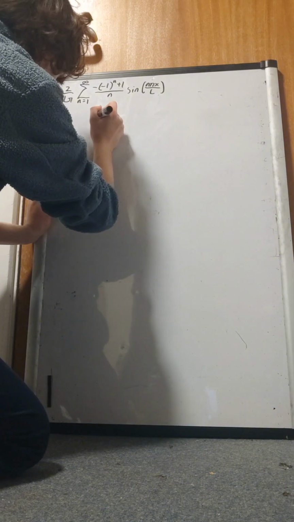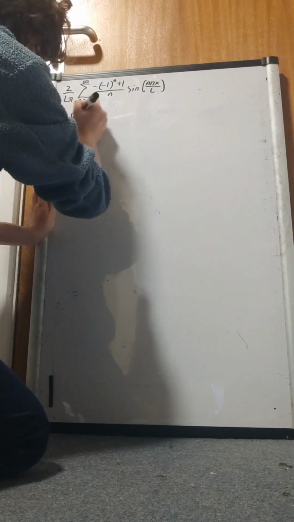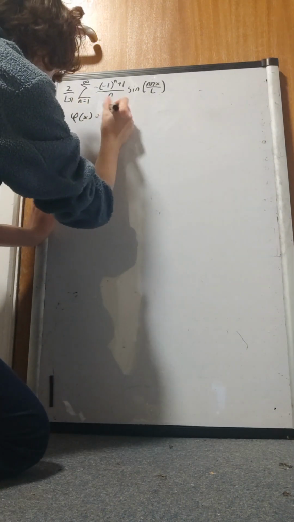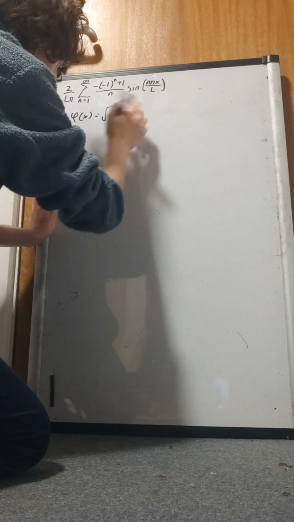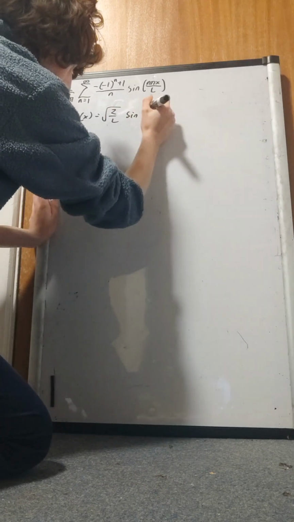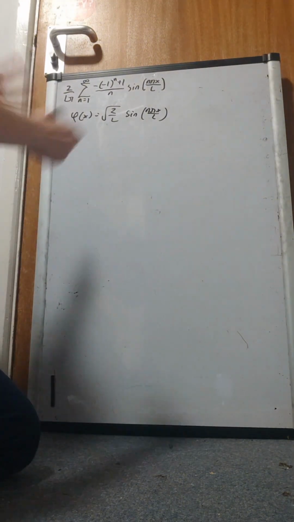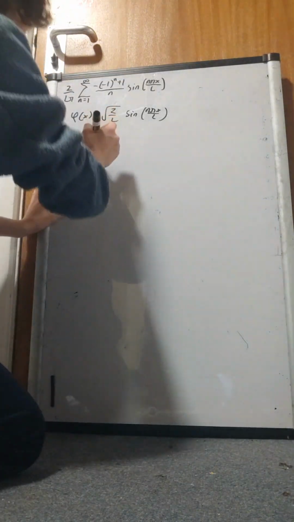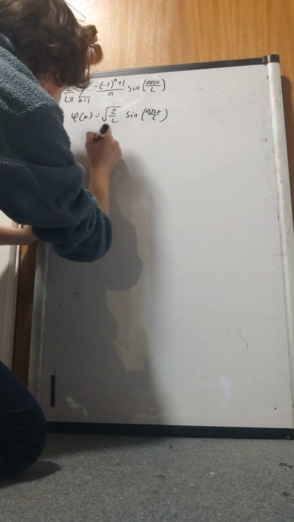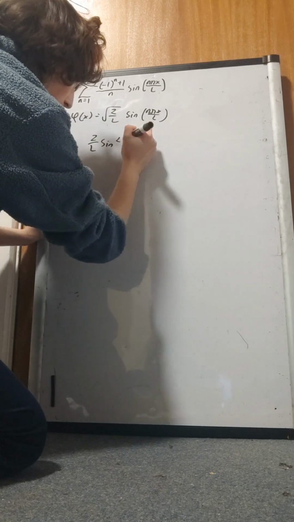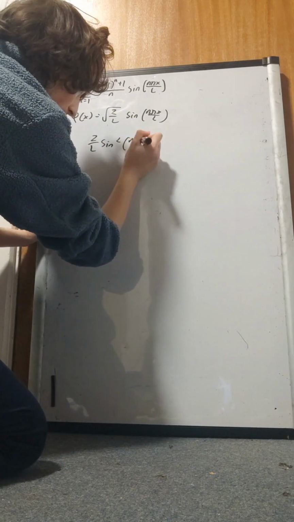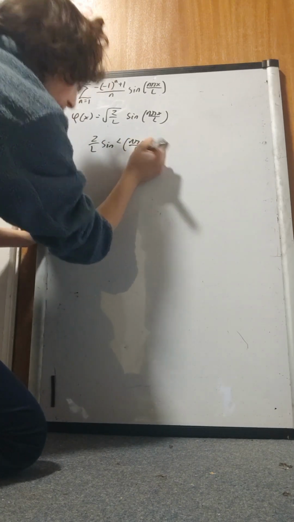I'm assuming you'll know that the wave function phi of x in this case is the square root of 2 over L times sine of n pi x over L, and you take the modulus and square it. So we arrive at 2 over L sine squared n pi x over L.